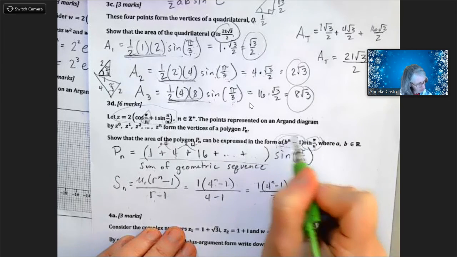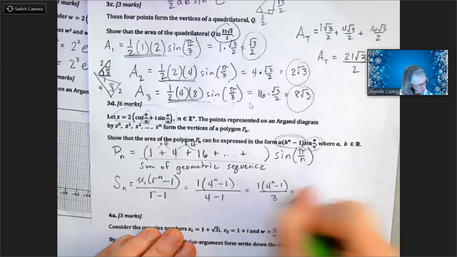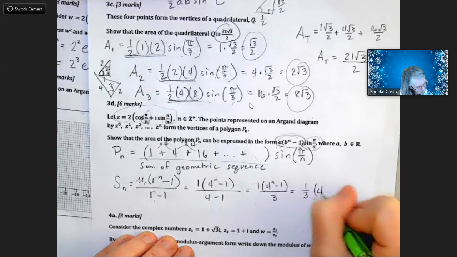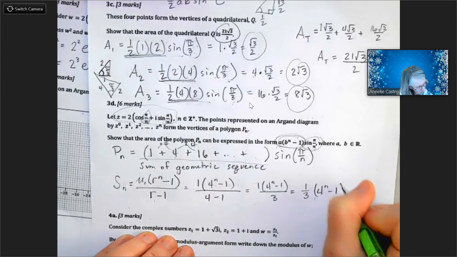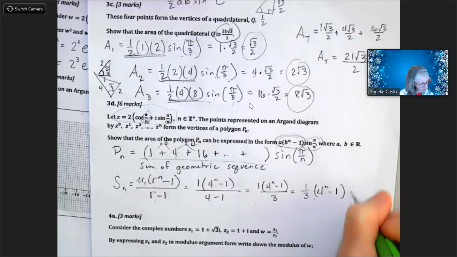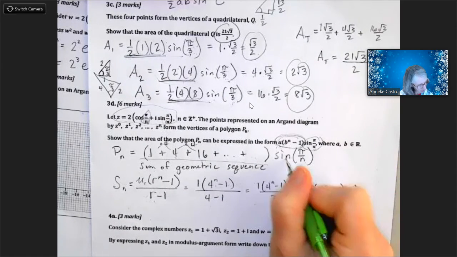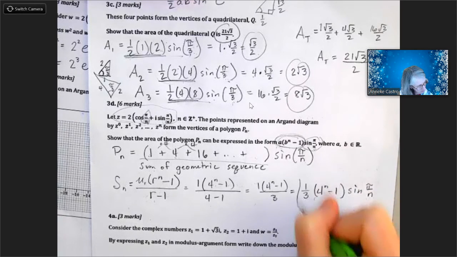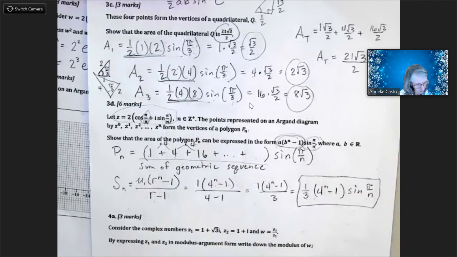And notice they want it in this form, so I can separate that out. That would be 1/3 times 4 to the n minus 1. And then I'll bring down my sine of pi over n. That is my answer.